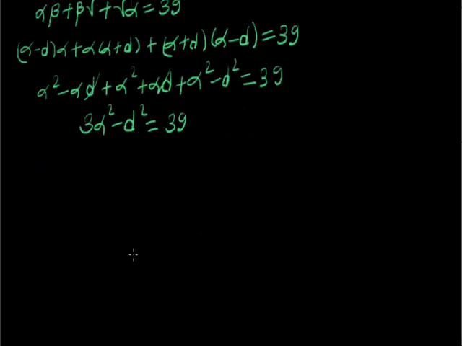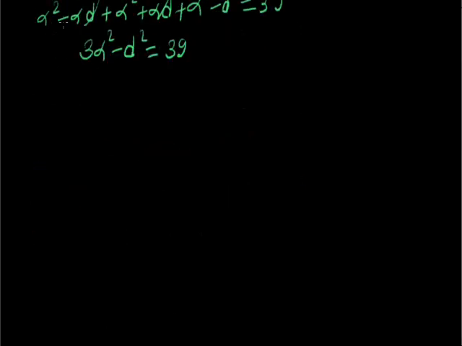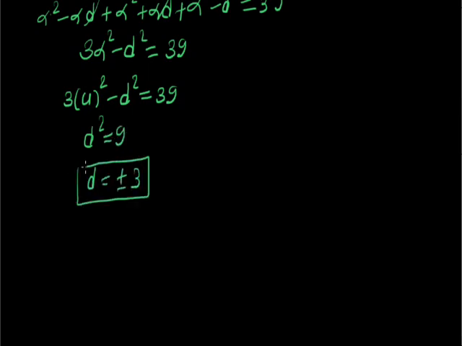Substituting alpha equal to 4, we get 3 into 4 whole square minus d square equal to 39. So d square comes out to be 9, so d is equal to plus or minus 3.